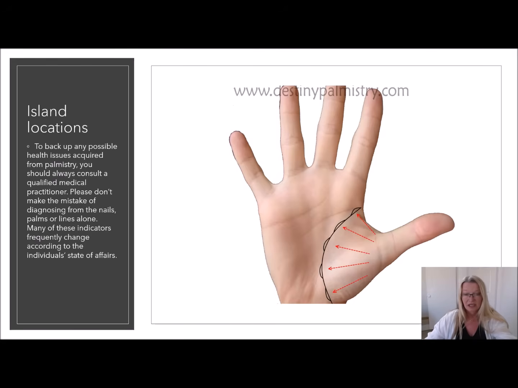But palm lines do change according to people's circumstances. Someone might have no line in the middle of the palm all their life, and then suddenly a line turns up, or that line might disappear. So keep in mind that these lines are in constant change according to the person's affairs.